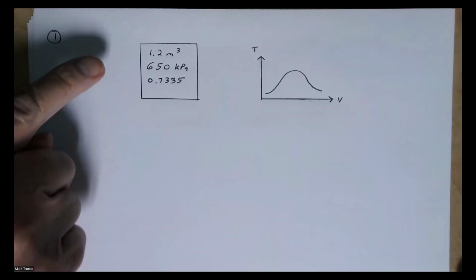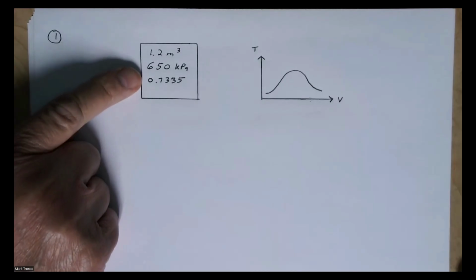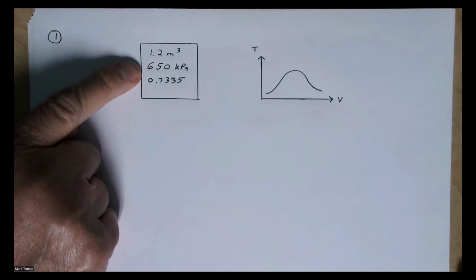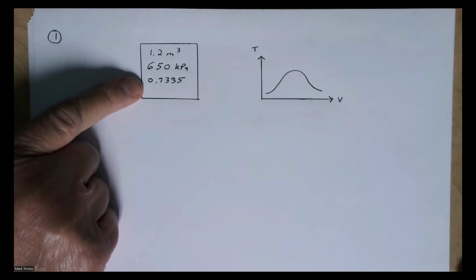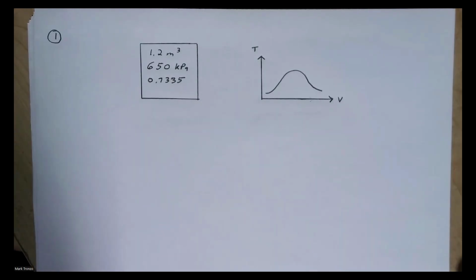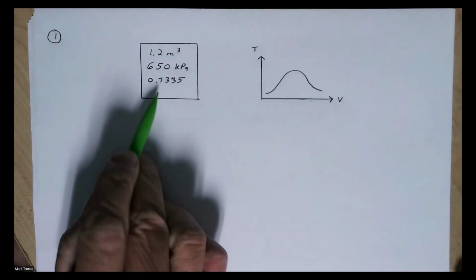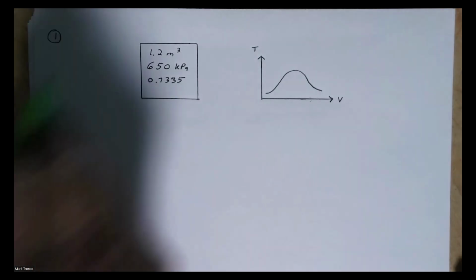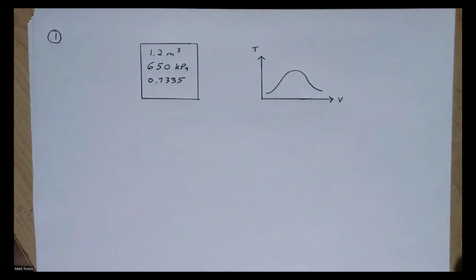We have a situation like this. We have a volume, the initial pressure, and the quality, and we're told it's water. Of course, in this case, you can see it's going to be a water steam mixture. And so let's get an idea where we're starting and where we're going to end.